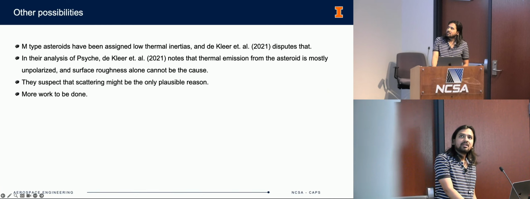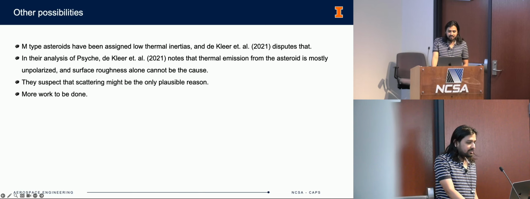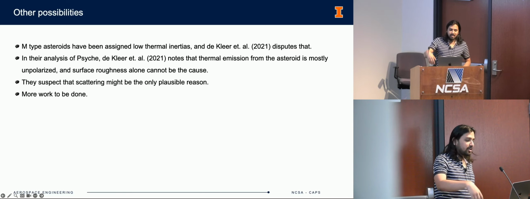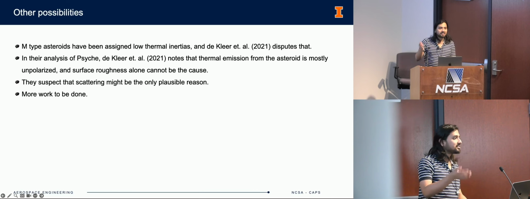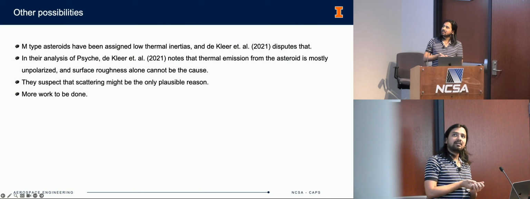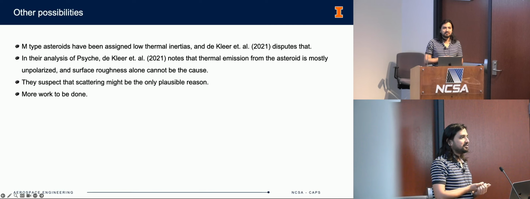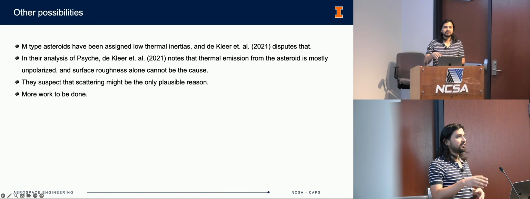These people analyzed Psyche, and they noted that the thermal emission they observed is mostly unpolarized, and that surface roughness alone cannot get rid of the polarization. So again, they suspect that there is scattering below the surface by micron-sized metallic particles, which are removing the polarization. In the beginning, I said that people attributed the dip in flux to a lower effective emissivity, which is caused by scattering.